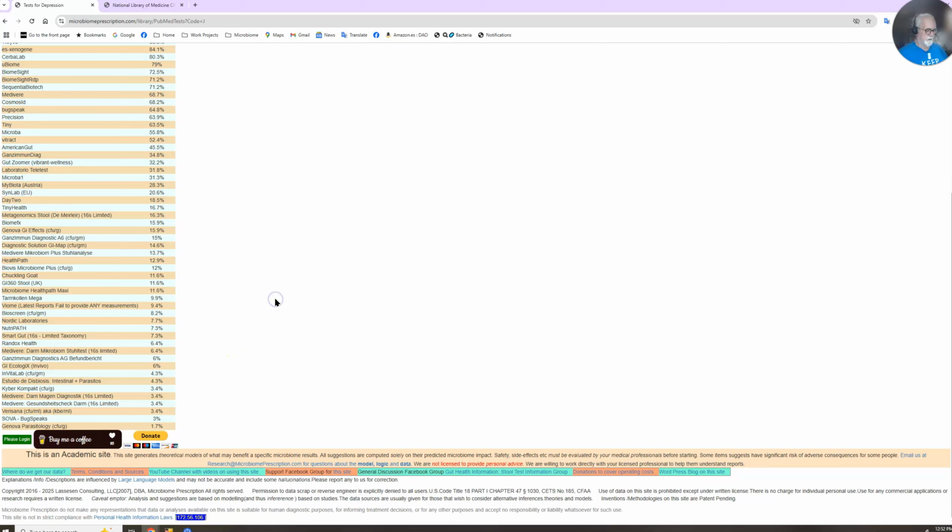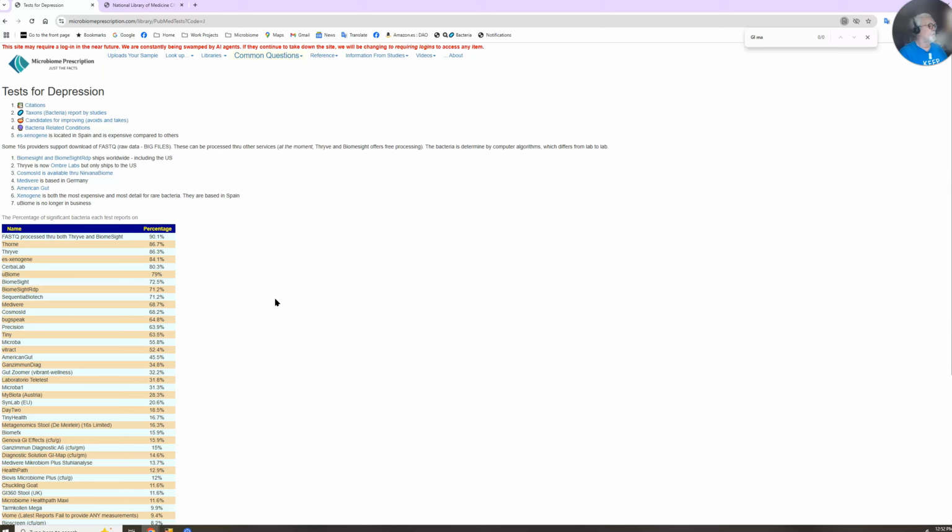For example, let's take a look at a common one such as GI. Let's do GI map. It only identifies 14%. In other words, it will not show abnormalities for more than 1 in 7 of the bacteria which studies have shown are connected with depression.